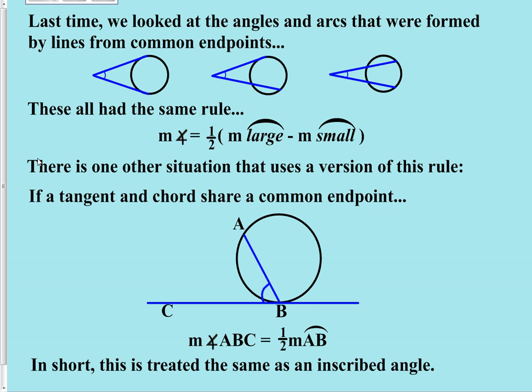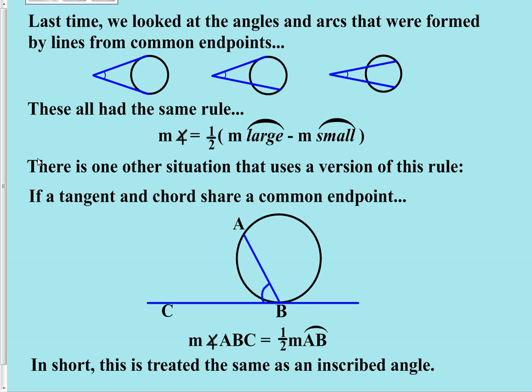This is treated very much the same as yesterday's material, or it's also treated the same as an inscribed angle. As I told you before, either way you want to think about it is fine with me. You should be able to get to the right answer either way. But the way it ends up being is the measure of the angle in between the chord and the tangent is going to equal 1/2 of the measurement of the arc also caught between the chord and the tangent.